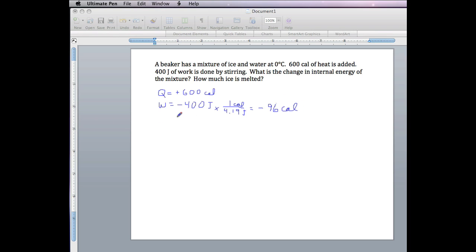Now we can apply the first law of thermodynamics to find the change in internal energy.